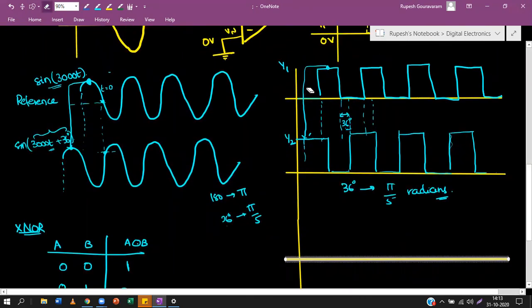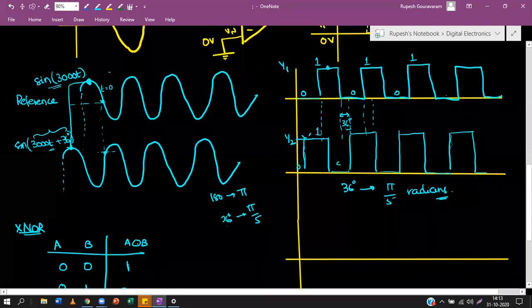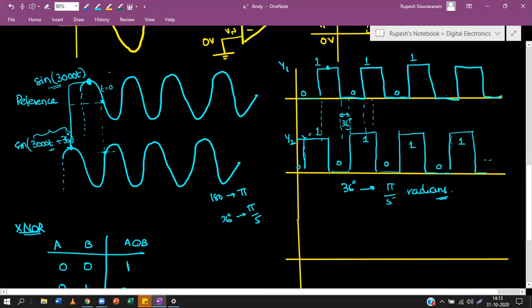Observe that this is 0, this is 1, and 0, 1, 0, 1, so on. And this is 0, 1, 0, 1, 0, 1, 0, 1, so on.